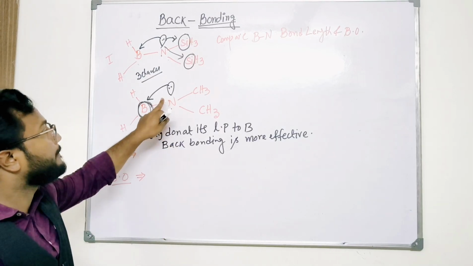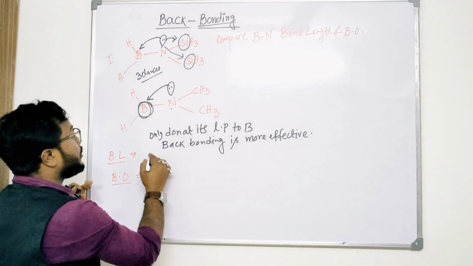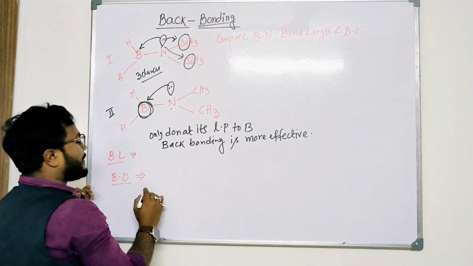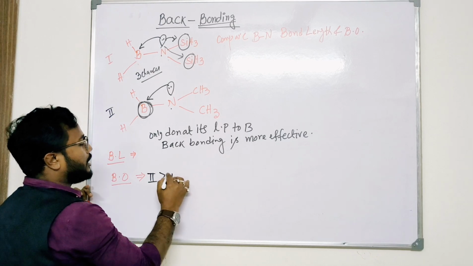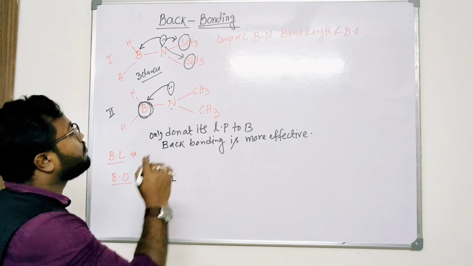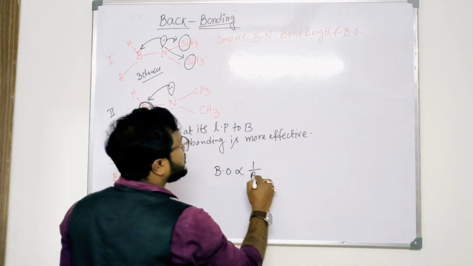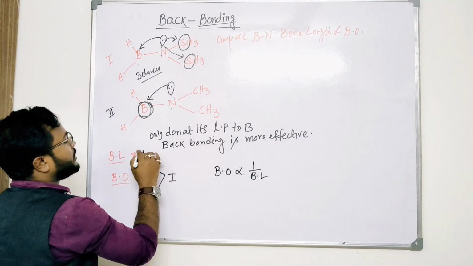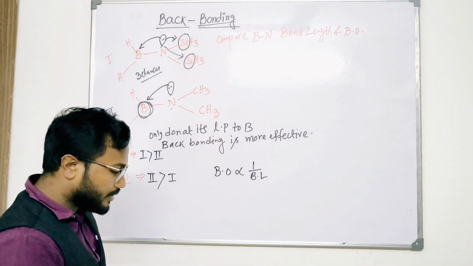Back bonding is happening in the molecule, so the bond order will increase in the case I mark as 2. Due to back bonding, bond order is greater in 2 than in 1. As bond order and bond length are inversely proportional to each other, bond length will be greater in the first case in comparison to the second case.